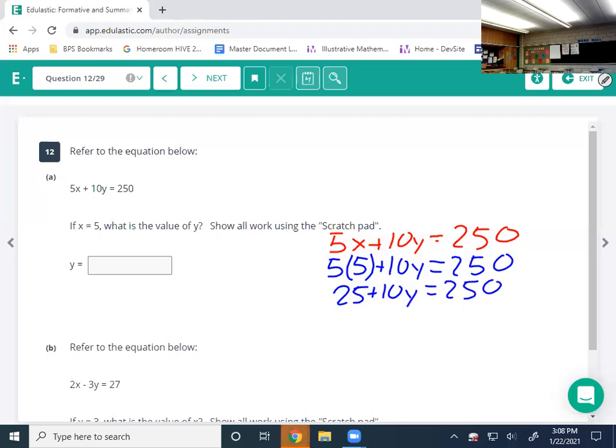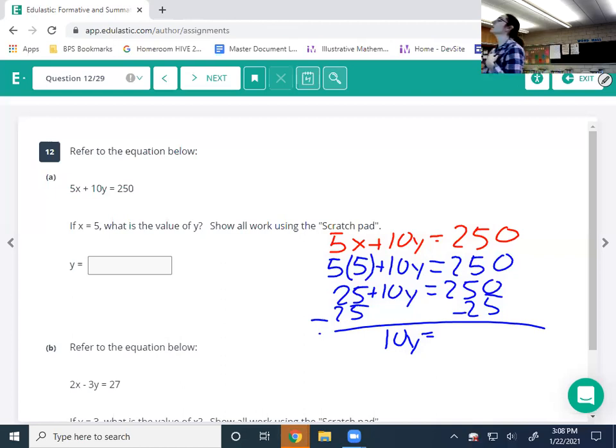To get that y by itself, we need to undo our addition and subtraction first. So we're going to subtract 25 on each side. We're going to be left with 10y is equal to how much, Jaden? Nope, minus 250 minus 25.